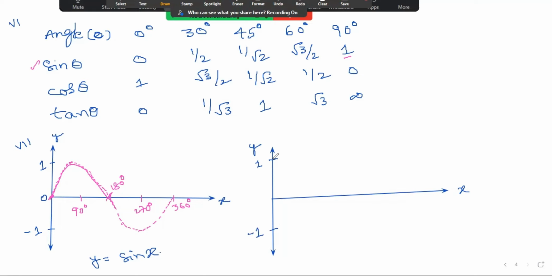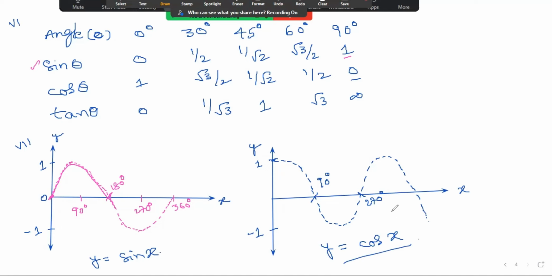So it has to start from the highest value, and the minimum value will be at 90 degrees, whereas the maximum value for sine will be the minimum value for cos. So we have to draw the graph keeping those things in mind. Whenever we draw, this is 90 degrees and this will be 270. This is the y is equal to cos x graph.